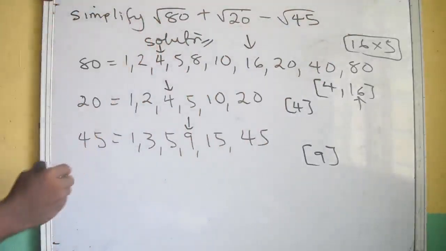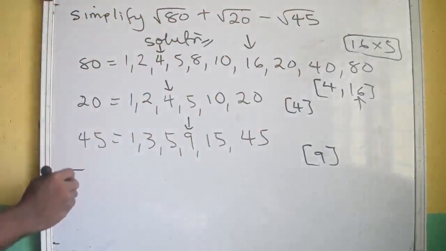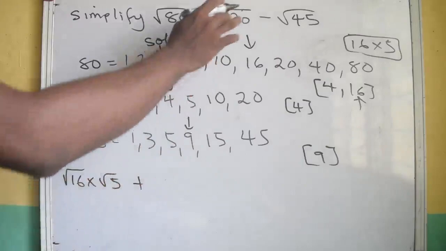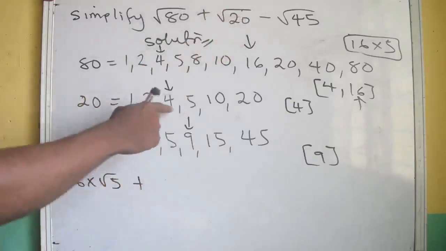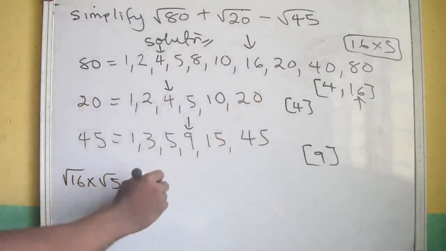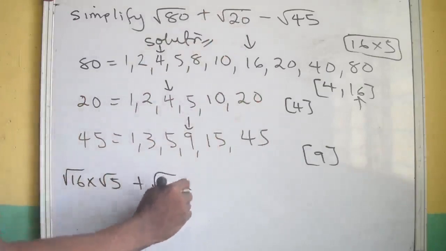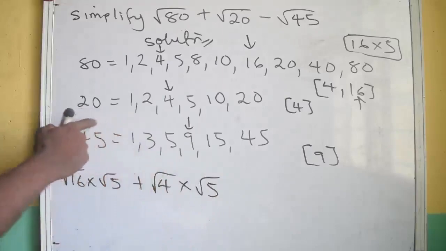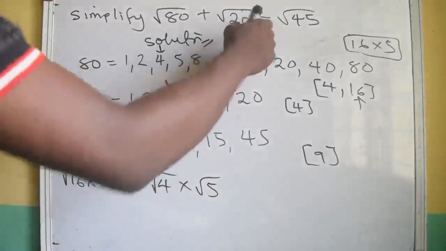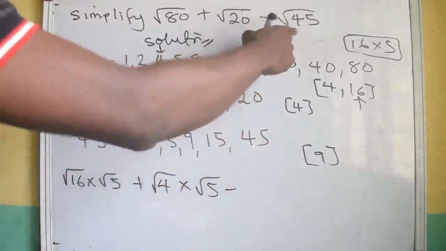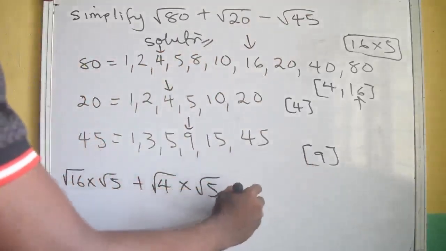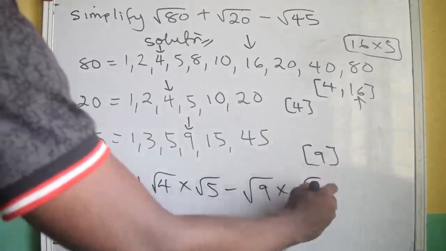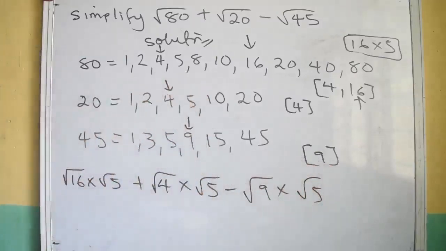So root 80 is the same as saying root 16 times root 5, plus this one is root 4 multiplied by root 5, which will give you root 20, minus this one here, 9 is the perfect square multiplied by root of 5, which will give you the same 45.